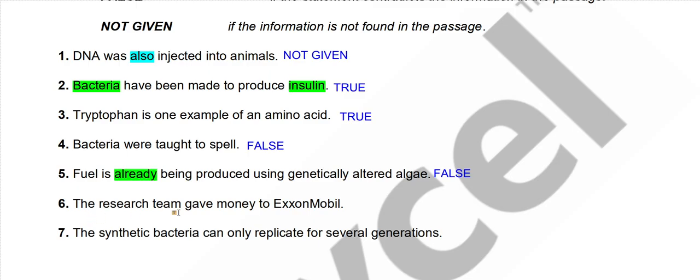The research team gave money to ExxonMobil. So here, this particular team gave money to this particular organization or team.